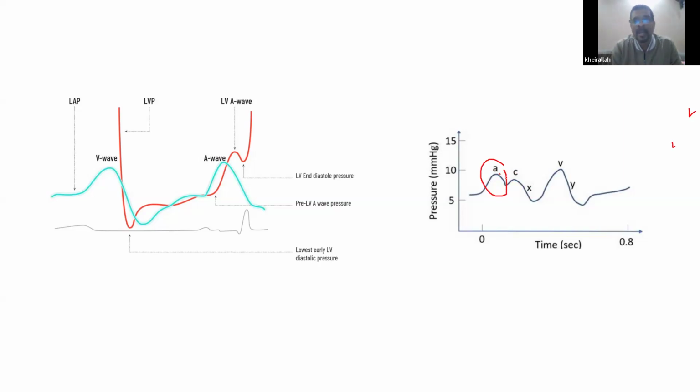So from A to X, the pressure goes down. Why does the pressure go down from A to X? Because now the left atrium, or the right atrium, like we're going to discuss shortly, is relaxing. So the pressure drops or declines with this relaxation, okay? But this decline in the pressure is interrupted momentarily by the C wave, which increases it a little bit. This C wave is due to what? Anybody knows?